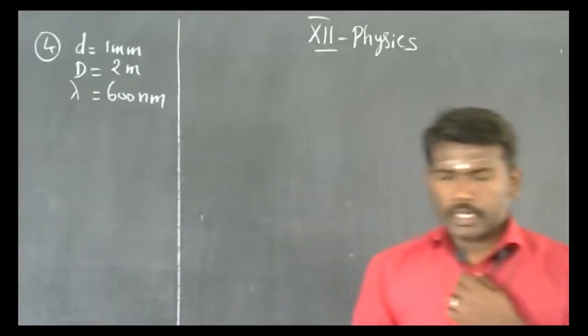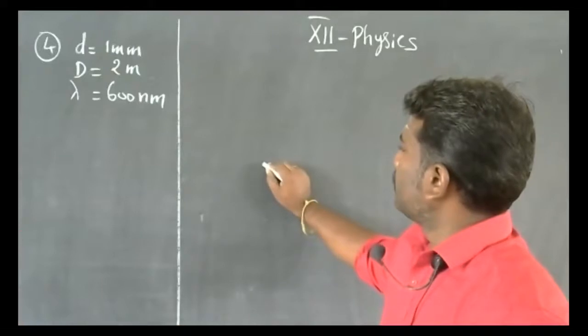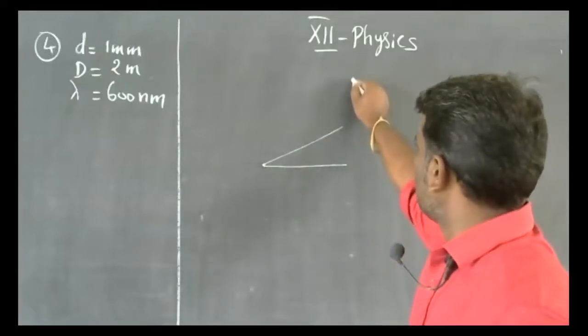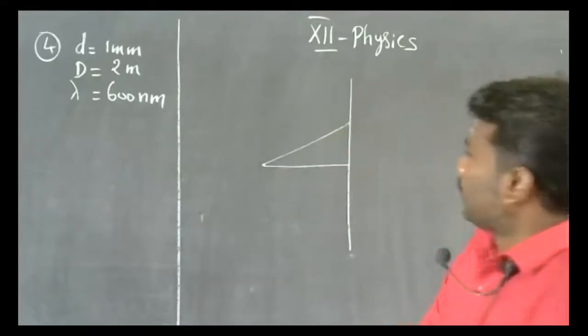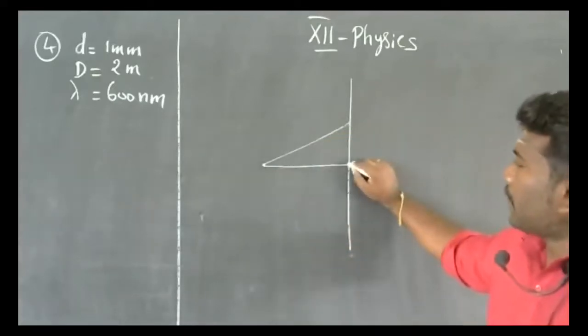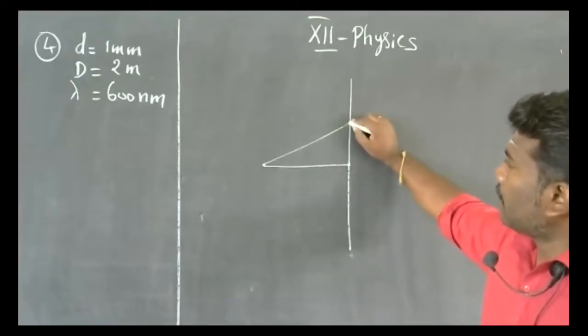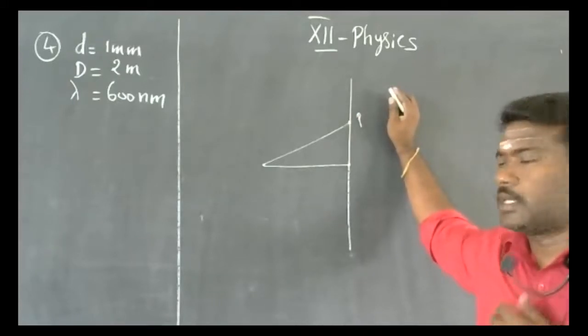So in a single slit experiment, see the diagram. At this point, it produces the central maximum, and at the point B, it produces the first dark fringe.